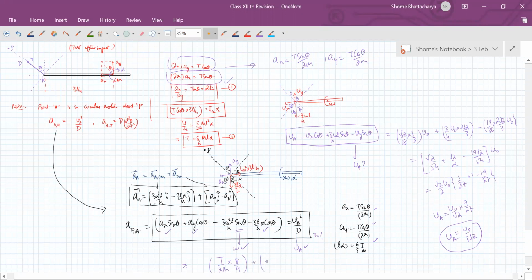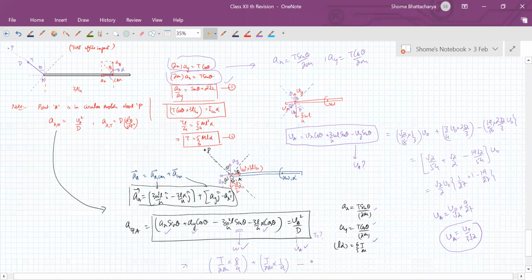Plus t by 2m into cos theta, which was 1 by 3 into, so cos square theta, so 1 by 9. Achha, so anyway, you can do it that way also. There is a shortcut trick also that we could have used here, because this term will actually become a into sine square theta plus cos square theta. So it had to be a only, which is t by 2m. But anyway, we have done it this way, the hard way.